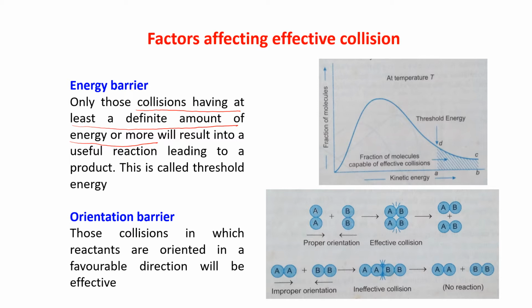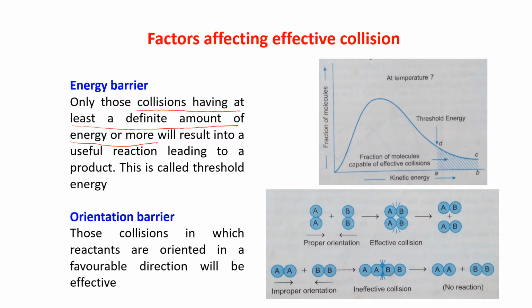That means when a reaction is taking place, the reactant molecules have kinetic energy. With that kinetic energy, they are colliding with each other. Now, after the collision of the reactants, if it is crossing a certain energy, that energy is particular for a particular reaction.